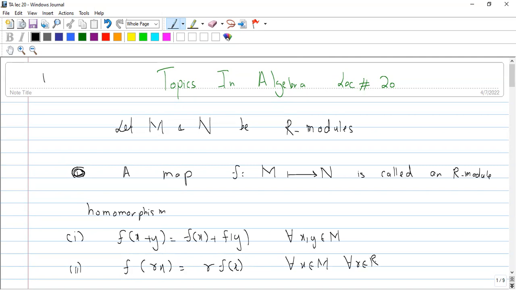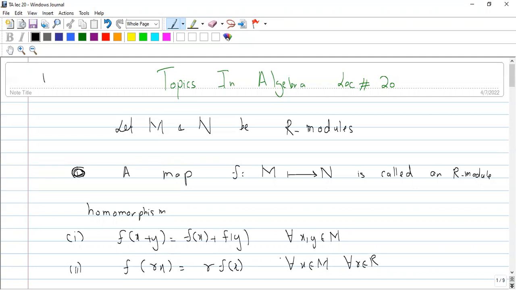So this is the definition of an R module homomorphism. The first condition preserves the abelian group structure of the module, and the second condition preserves the structure related to scalar multiplication.